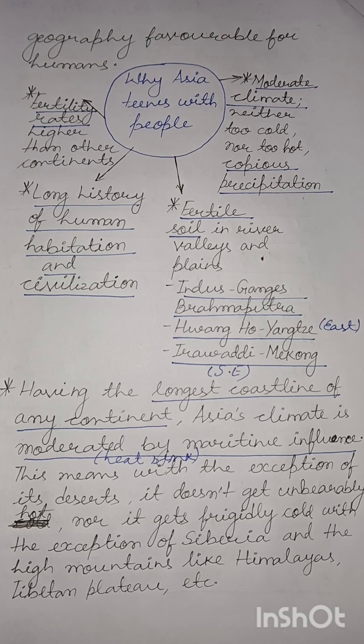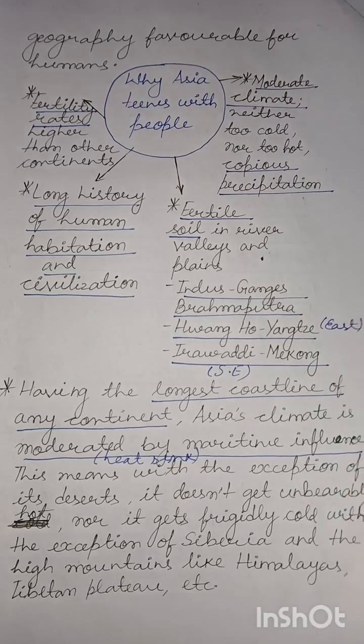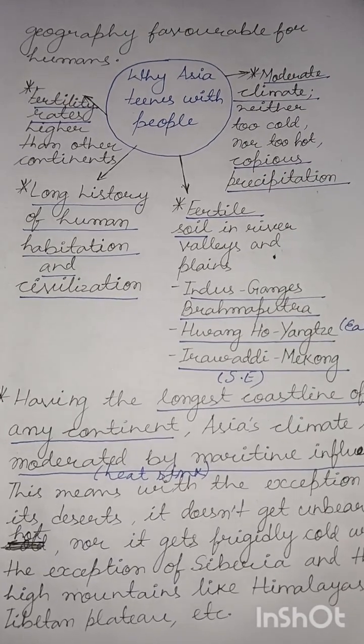In the deserts it has hot climates, and in the Siberian region of northern Russia, and moreover the high mountains of Asia, including the Himalaya, Hindu Kush, Pamir system, the Tibetan Plateau, etc., these areas do indeed get frigidly cold. But except for these areas, most of Asia has a moderate climate, which is favorable to human habitation.